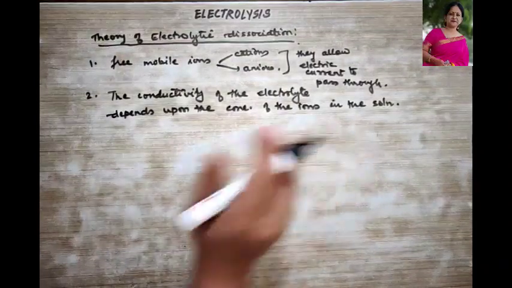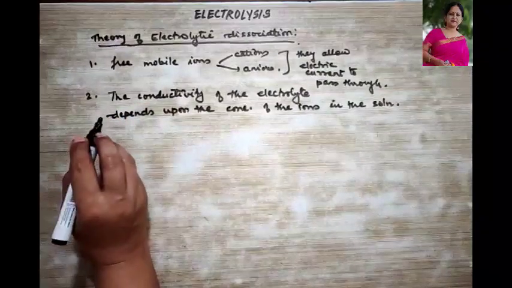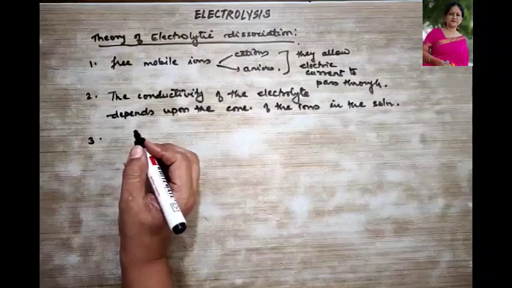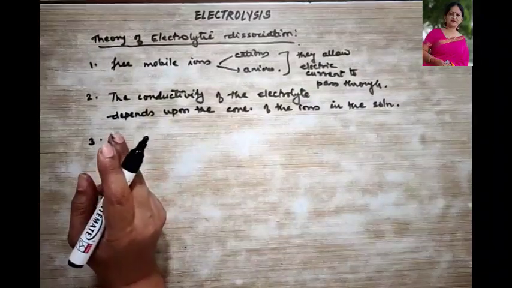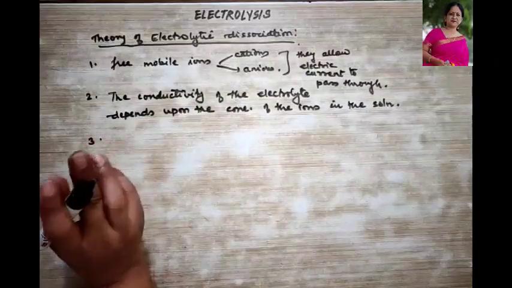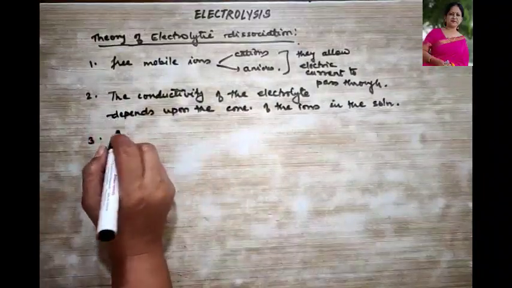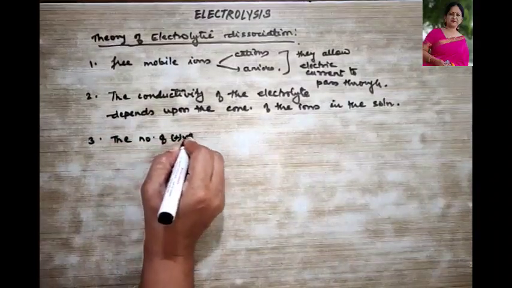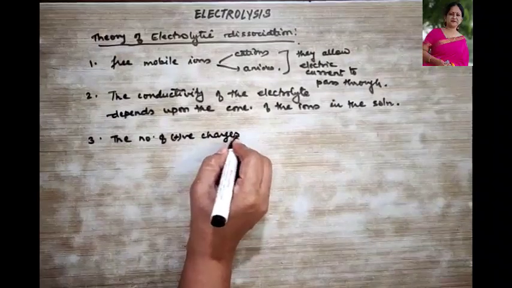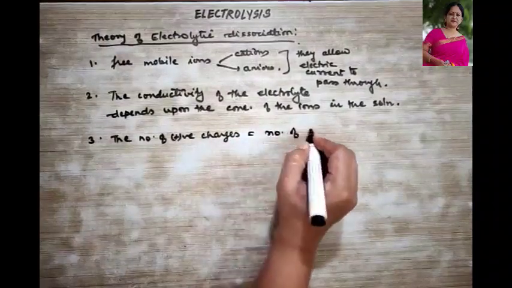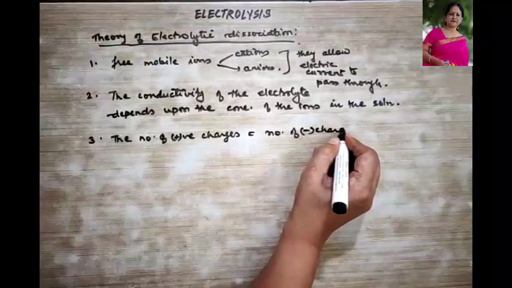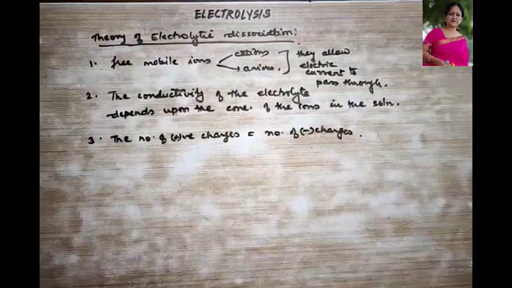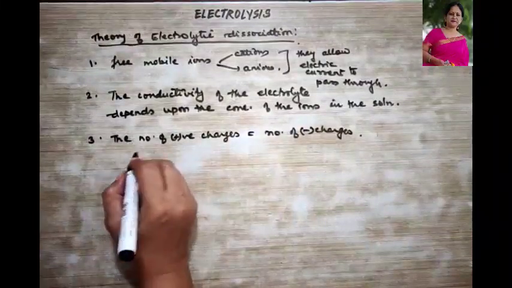Then the next point, the number of positive charges is always equal to the number of negative charges in the solution, and thus we can say that the solution is always in its electrolytic equilibrium. Hence the solution is said to be in electrolytic equilibrium.